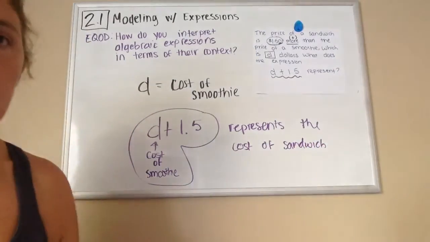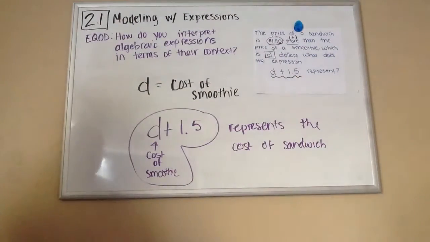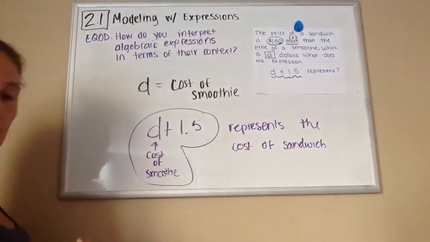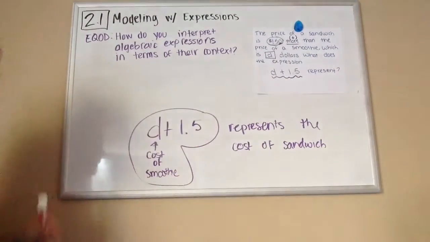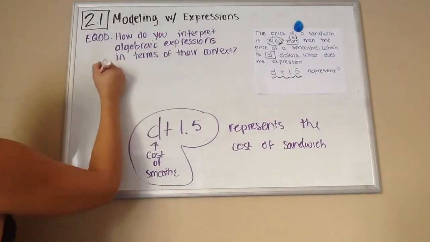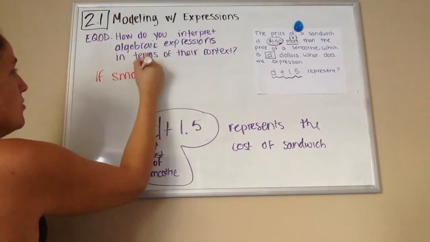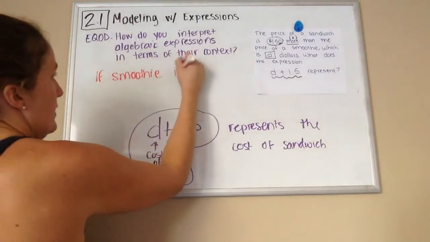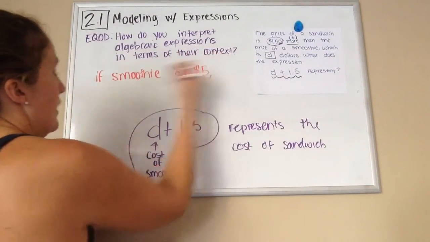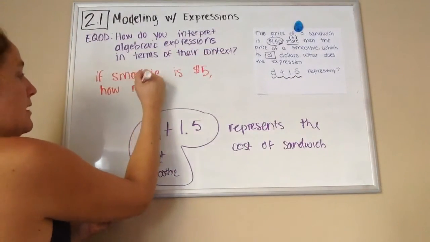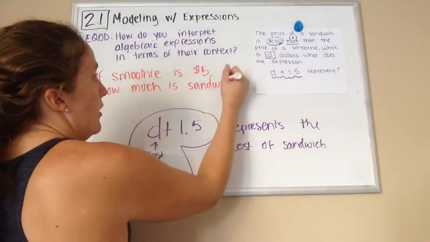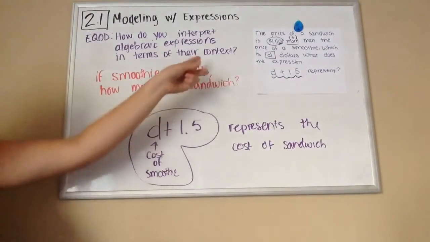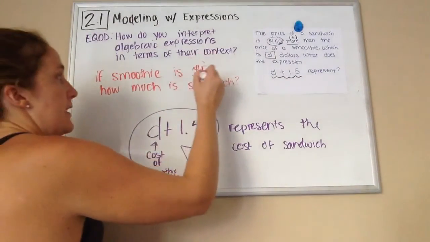So let's think about an example. Let's say if your smoothie is $5, how much is the sandwich? Okay, so if it's $5 for a smoothie, well, that just represents my D, right?